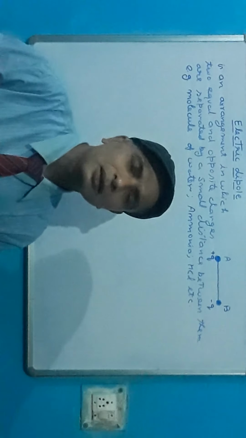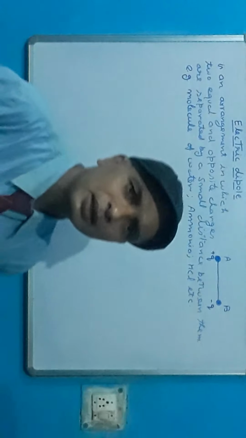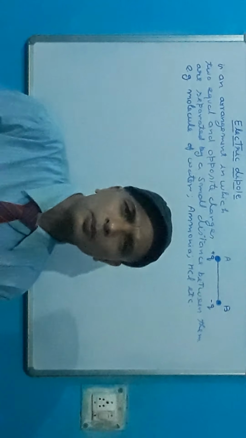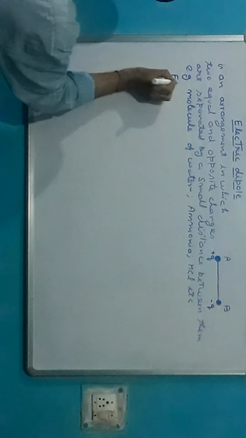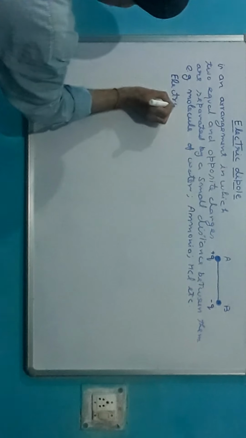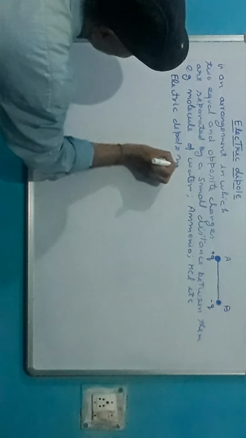Now the other term that is important and has been asked is electric dipole moment. Let us see what is an electric dipole moment. The next quantity that is very important in this topic is the electric dipole moment.